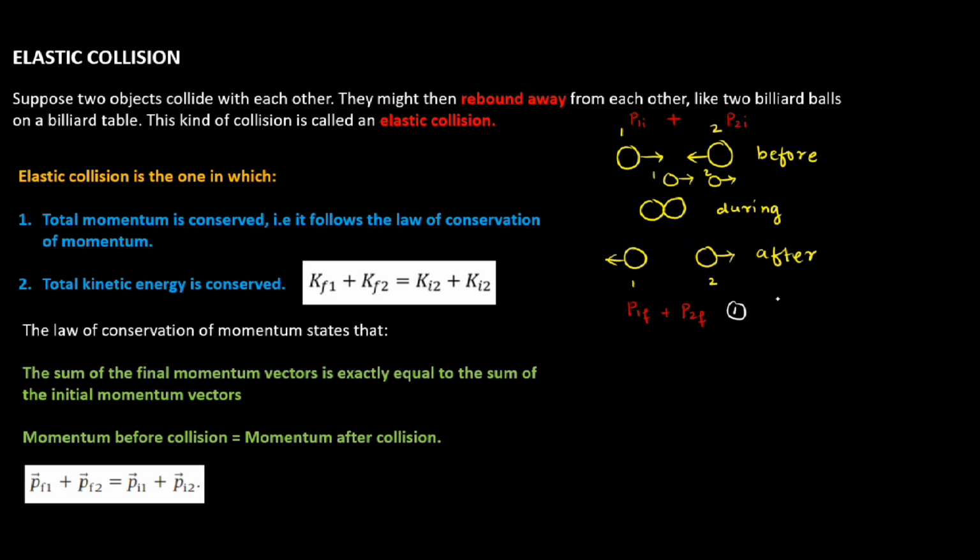The first thing is they must separate from each other after collision. They must rebound from each other. Second are these two properties that the total momentum must be conserved and total kinetic energy must be conserved. These are the three important things you must look for when you are determining if the collision is elastic or inelastic.